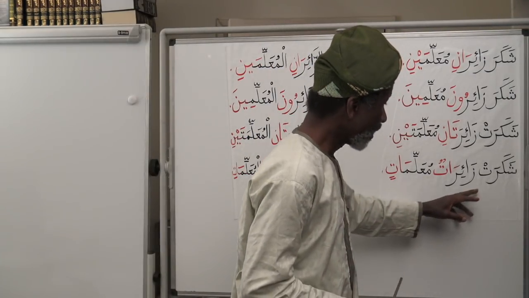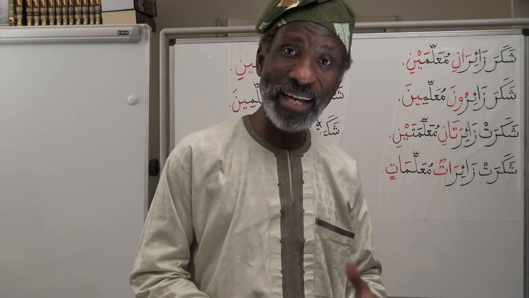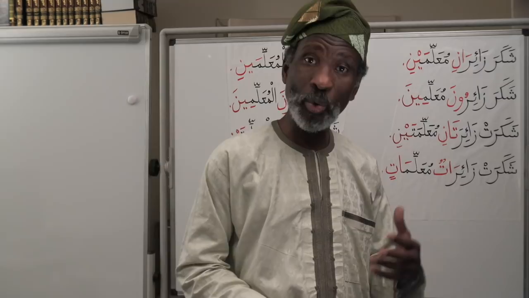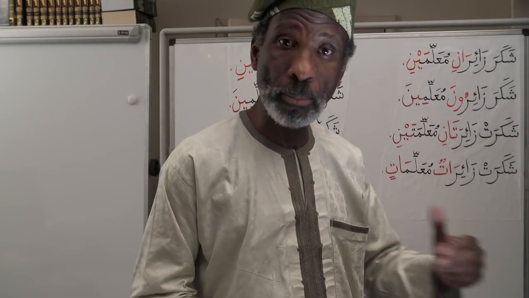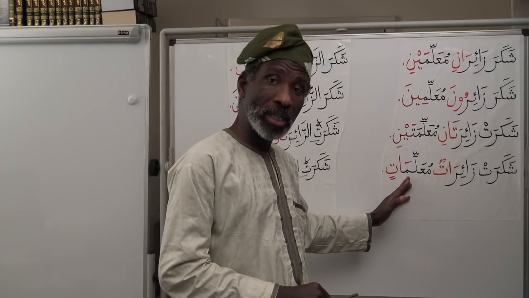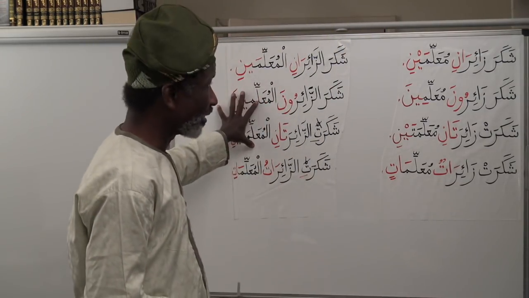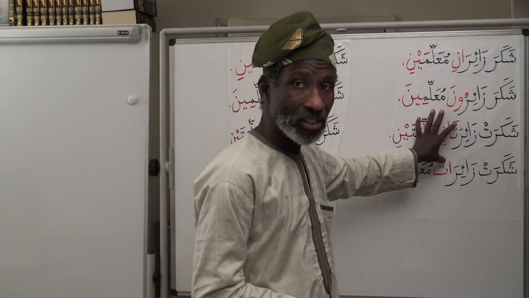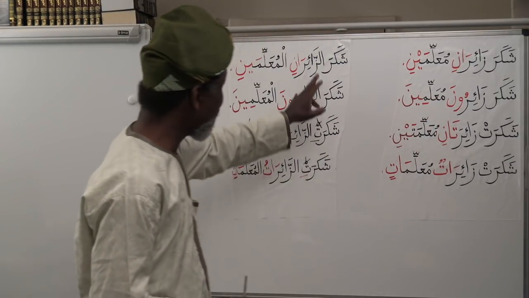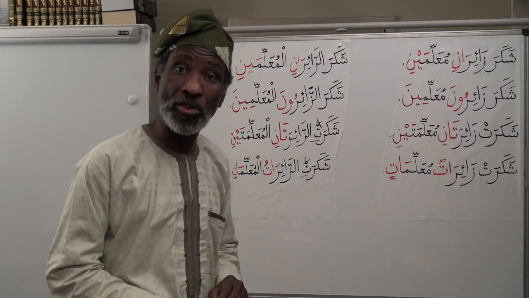For feminine, shakarat zairatun, atun ending is our nominative case to indicate this is the subject. Whereas in the object, we have atin instead. Later on, you will learn about the genitive ending. So, shakarat zairatun muallimatin. This section is the same as the previous section, except that here we have the article the.